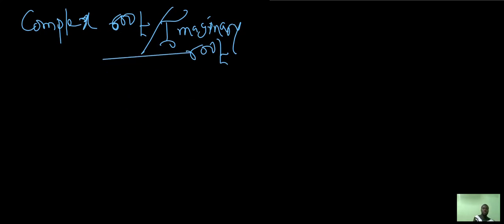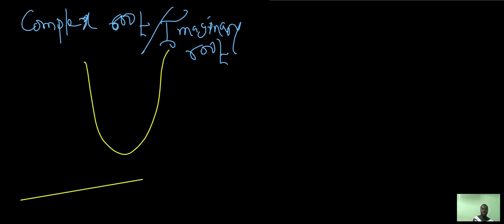Let's look at the last one, the complex root, or what we call the imaginary root. In this instance, the quadratic curve does not touch the x-axis at all. So that means it's difficult to find a solution. You can picture it that way anyway. So it doesn't touch the x-axis at all.